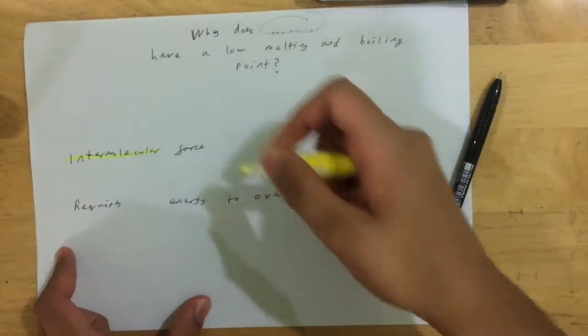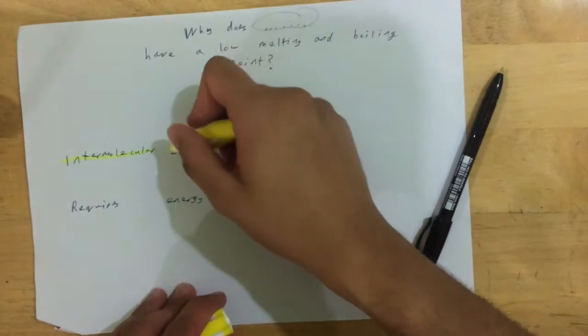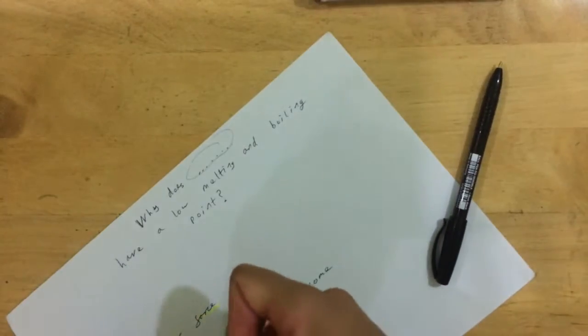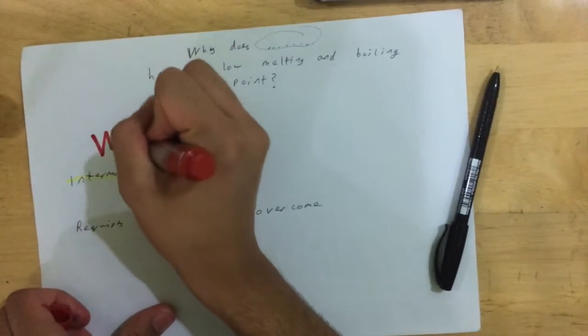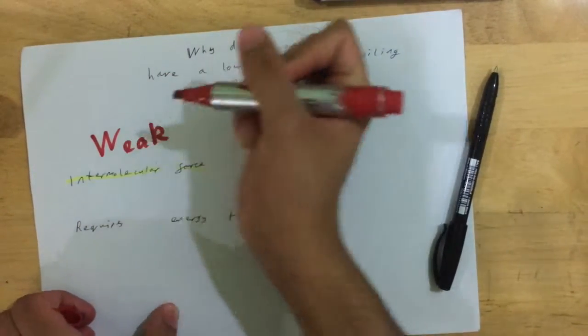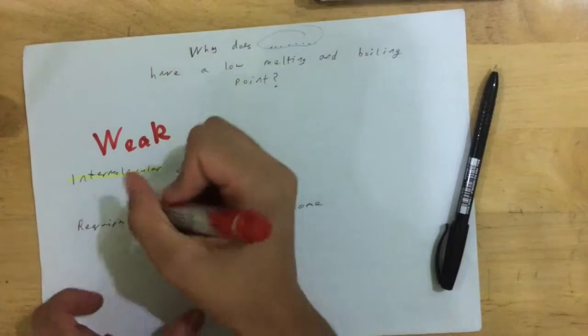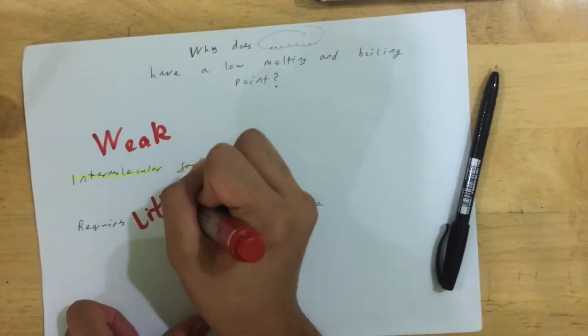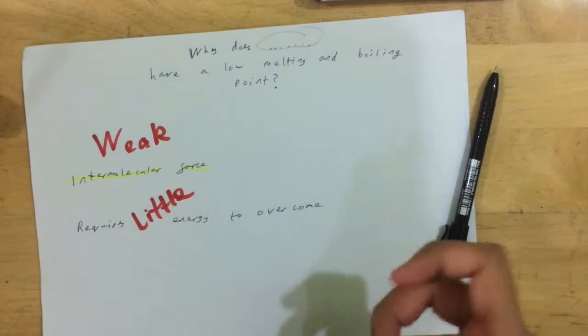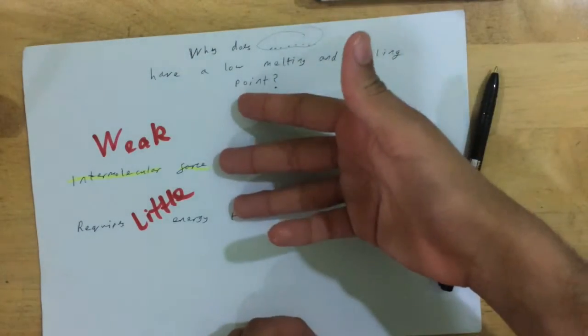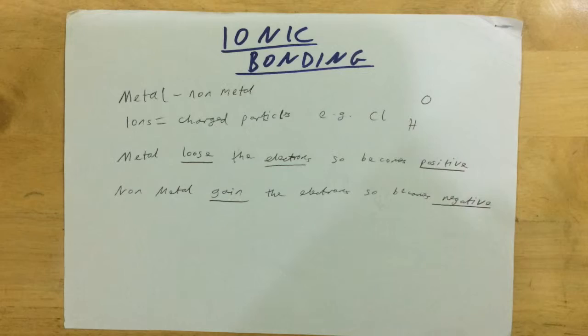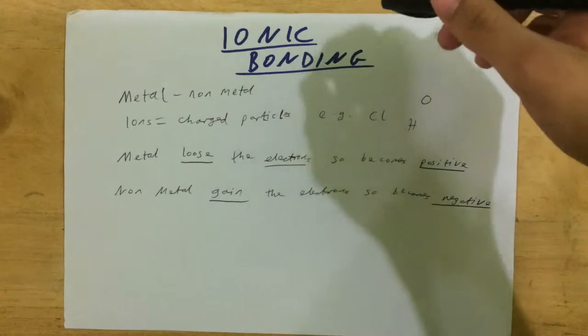And because this intermolecular force of attraction between the molecules is very weak, it requires only little energy to overcome. So that's why it has a low melting and boiling point. These are your 3 marks. It's a generic answer.